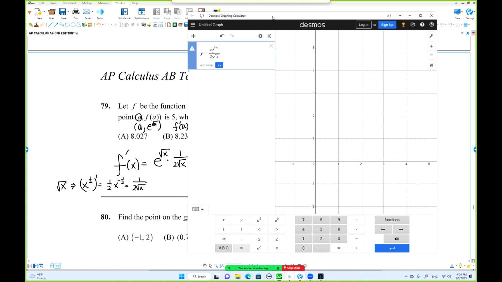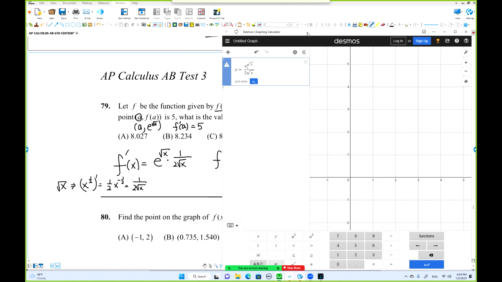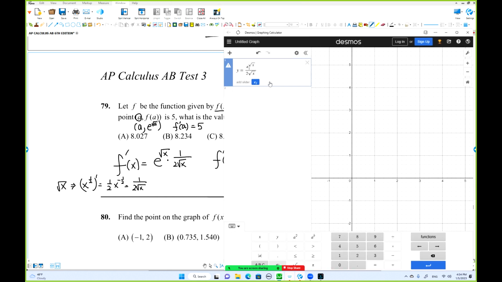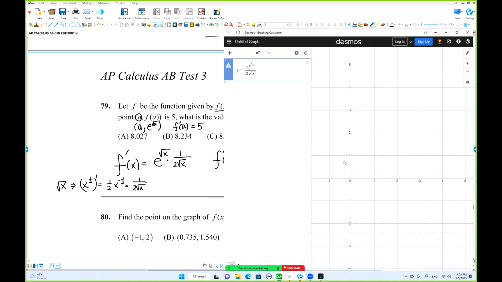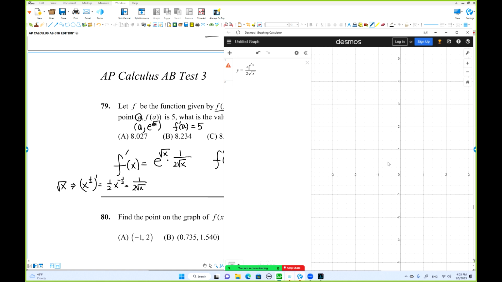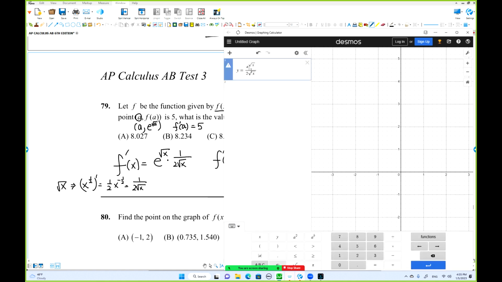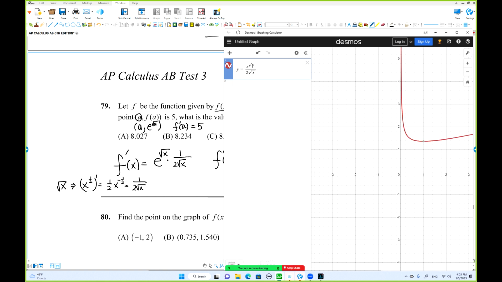Oh, no graph. Okay. Now we have a graph. Okay, I'm going to take them out. Okay, this is right: e to the square root x over 2 square root x. That's the graph over here, okay?